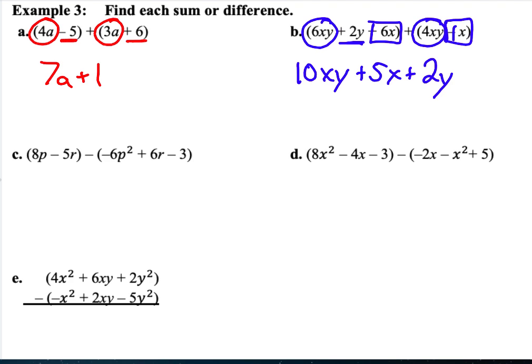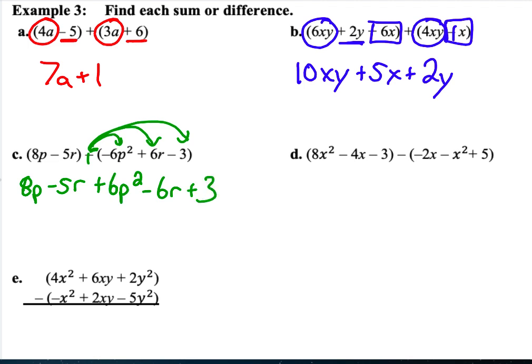For the next two, we got to take care of that subtracting first. So think of it as that subtracting is really a negative, and that negative gets thrown in through each of those terms. So the first one stays the same, 8p minus 5r, but instead of negative 6p squared, it becomes positive 6p squared. The 6r becomes negative 6r, and the minus 3 becomes plus 3.